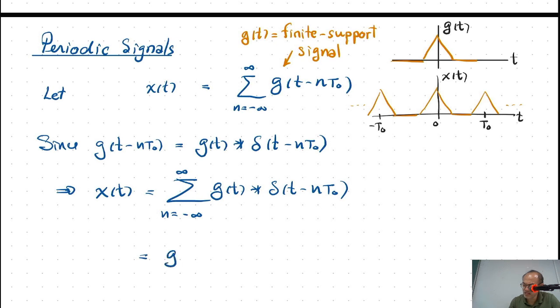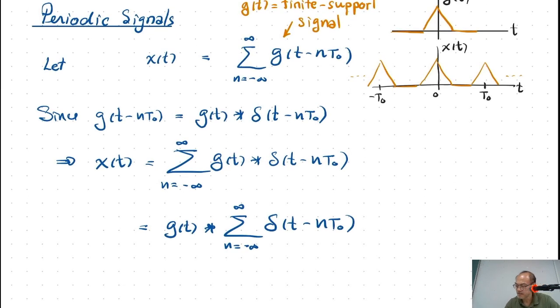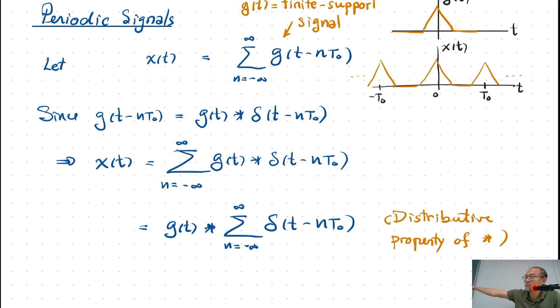So we have g of t convolved with the infinite summation from minus infinity to infinity of delta t minus nt0. This equation comes from the distributive property of convolution.